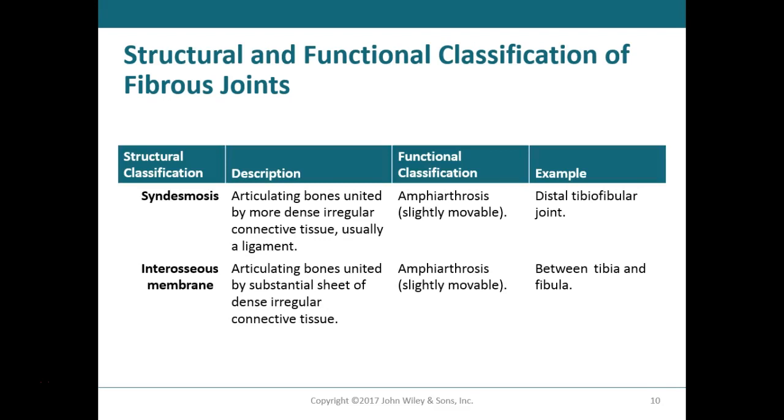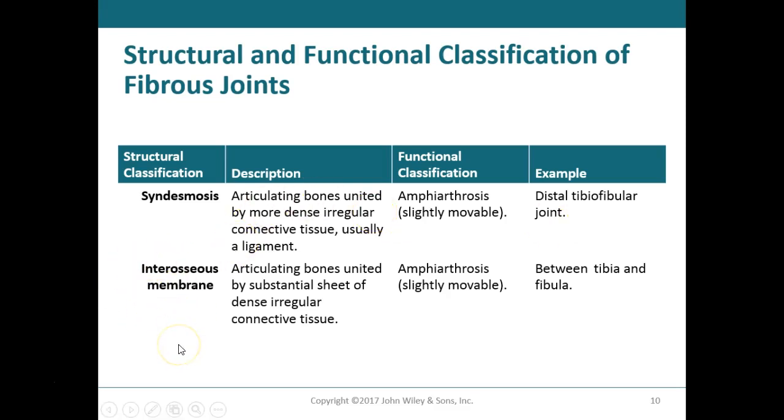Structural classification of fibrous joints, syndesmosis. So articulating bones are united by even more dense irregular connective tissue, usually in the form of a ligament. Functionally, they're amphiarthrotic, slightly movable, and an example of this is that tiny little ligament we saw in the previous picture, that distal end at the tibia and the fibula, so the tibiofibular joint.